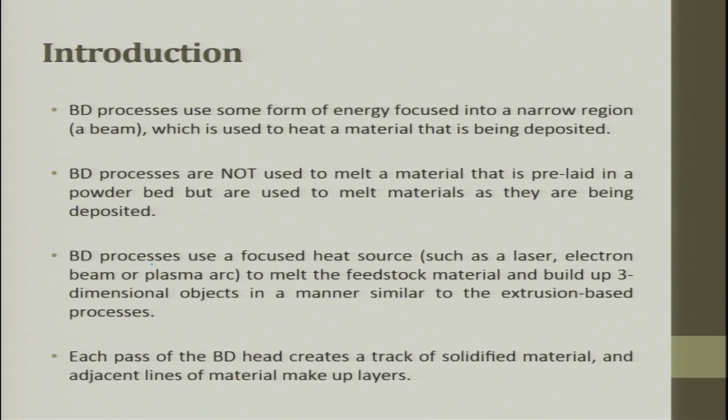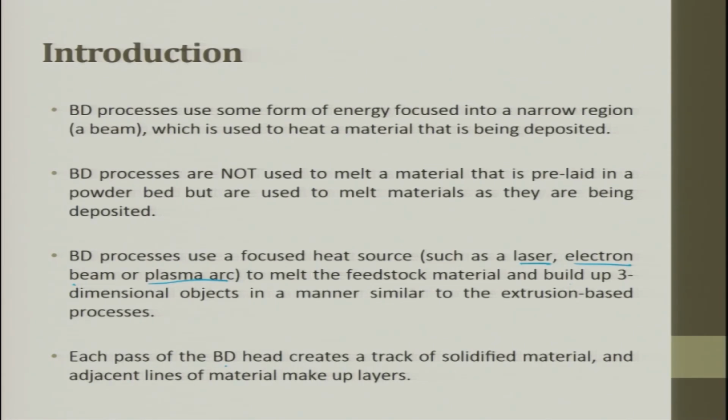Beam deposition processes use a focused heat source such as laser, electron, or plasma arc to melt the feedstock material. The feedstock material can be a wire here, and they build up a three-dimensional object in a manner similar to the extrusion based processes.